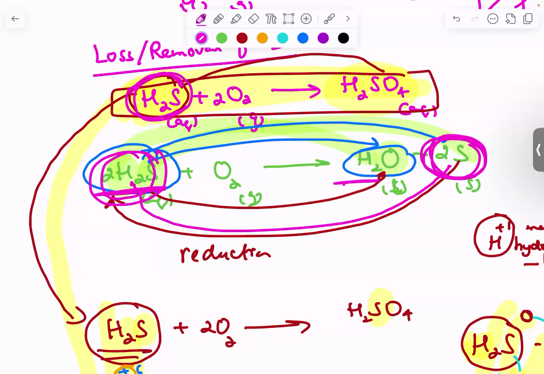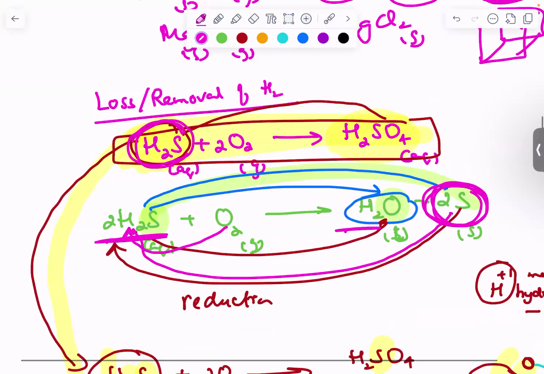So that could be called oxidation. Or in other words, you can also say that oxygen has been added to hydrogen. So it is also oxidation. So, all right, some equations can give only oxidation.